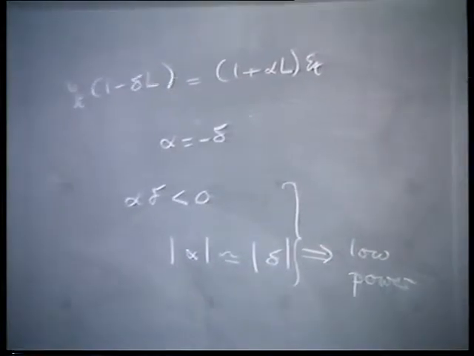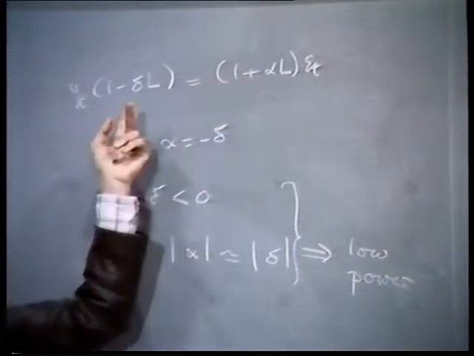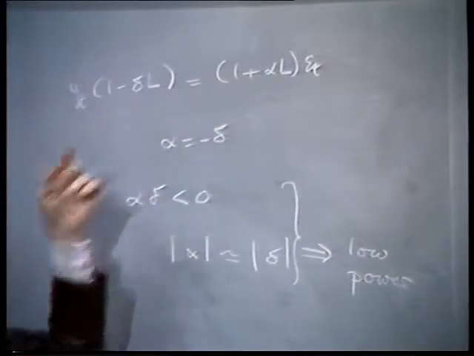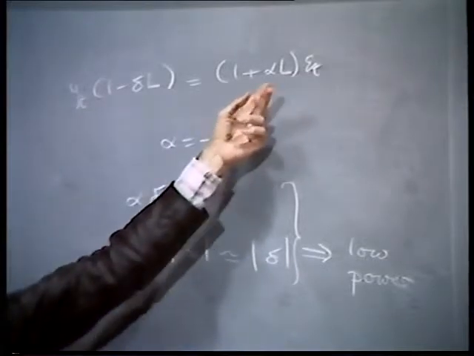And that's arising because when these two conditions are satisfied, this is very close to having a common factor. And so it's very difficult to identify both delta and alpha.